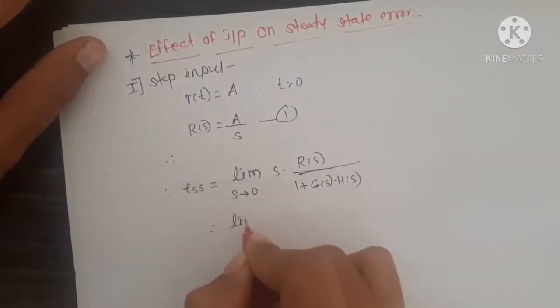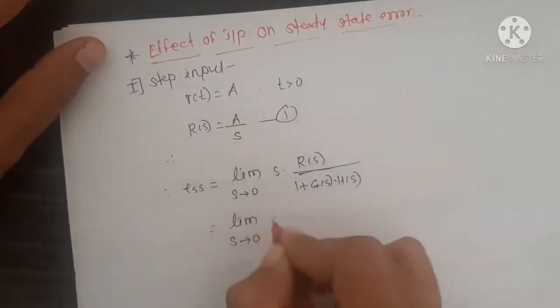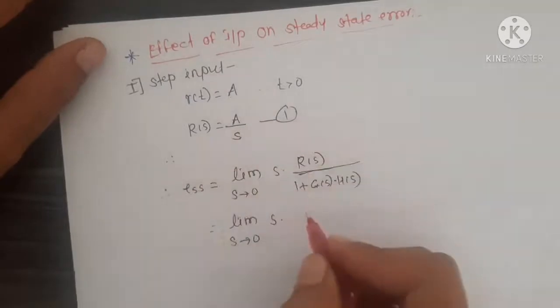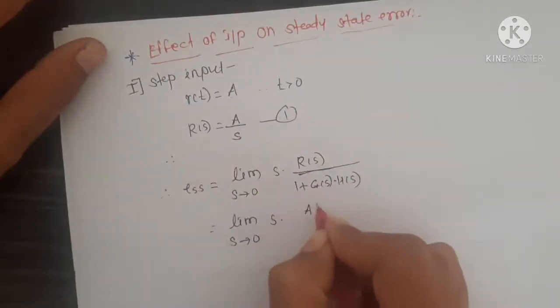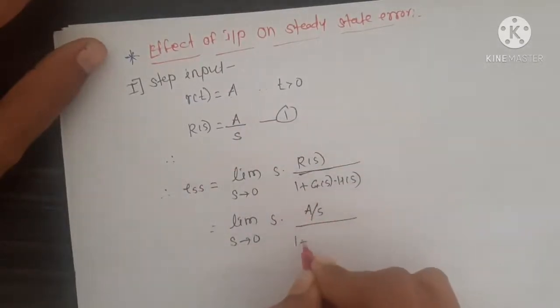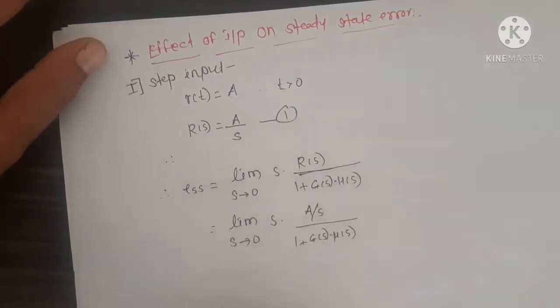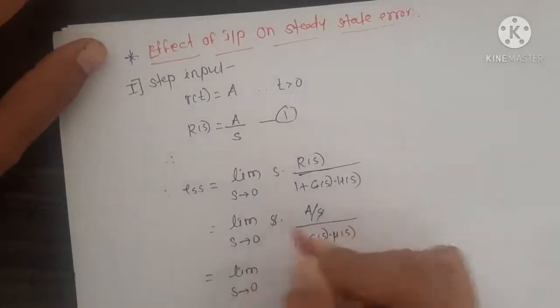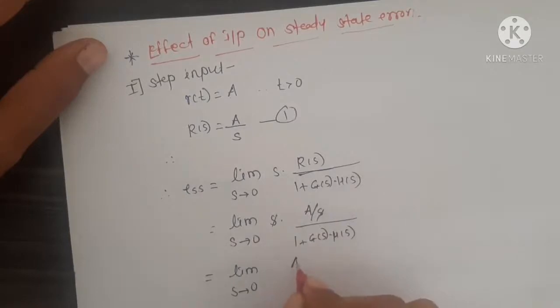We have to simply put the R of s value in this equation. Limit s tends to 0, as it is. What is the value of R of s? It is A upon s, and 1 plus G of s into H of s, as it is. After that, simplify this equation. Limit s tends to 0, this s gets cancelled, so it remains A upon 1 plus G of s into H of s.